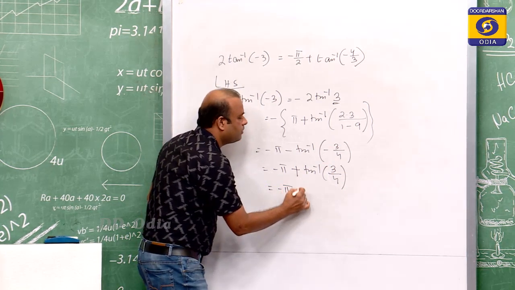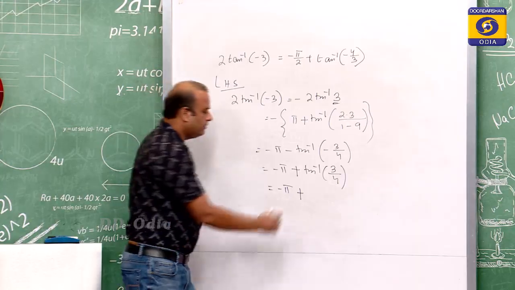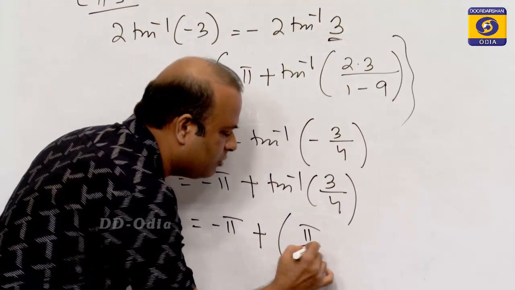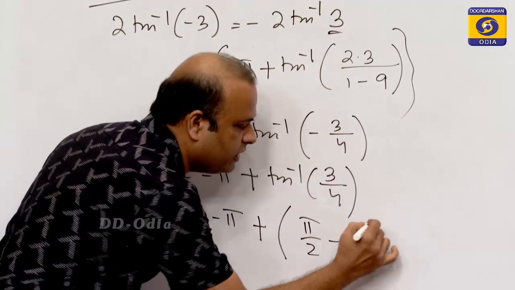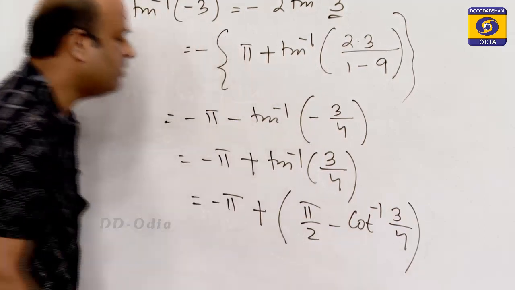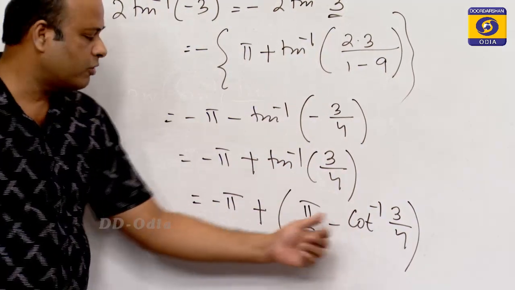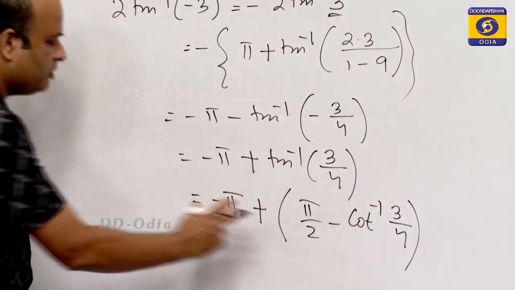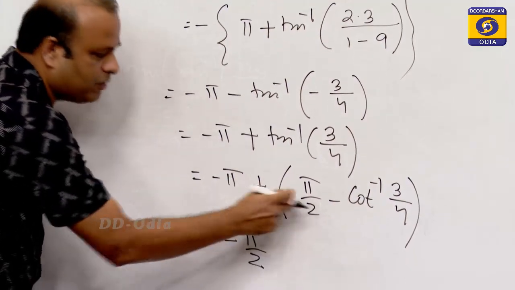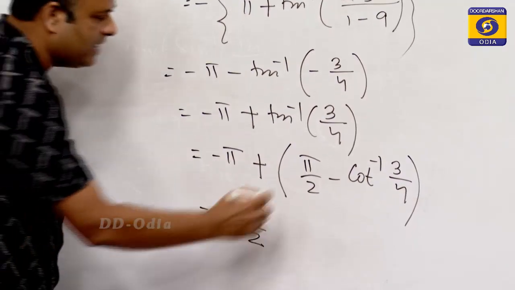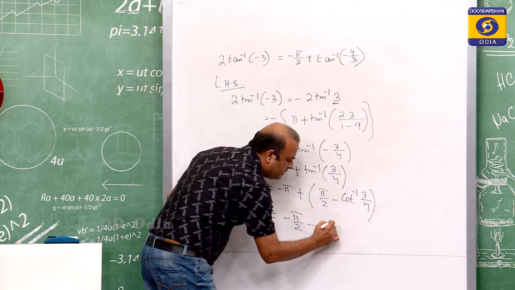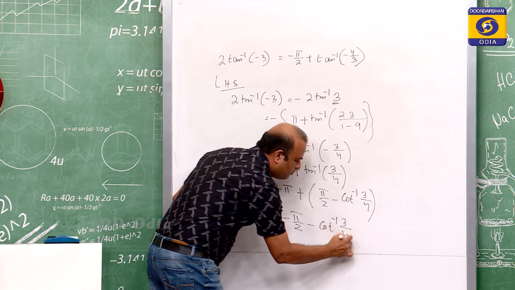Minus pi plus tan inverse 3 by 4 is equal to pi by 2 minus cot inverse 3 by 4, because tan inverse 3 by 4 plus cot inverse 3 by 4 is equal to pi by 2. Now this one is minus pi plus pi by 2, that is minus pi by 2 minus cot inverse 3 by 4.